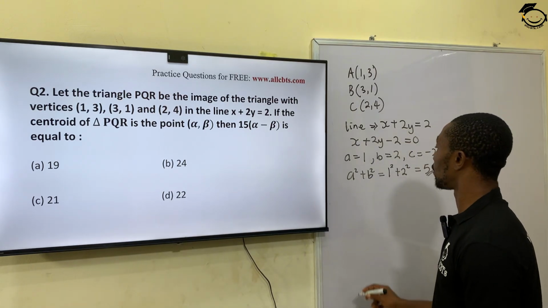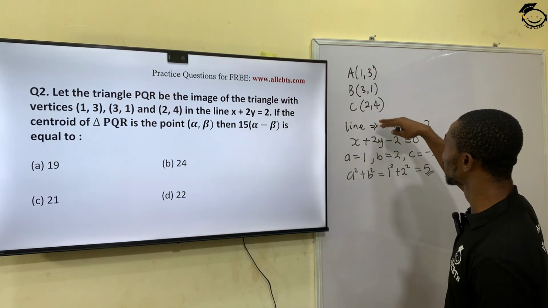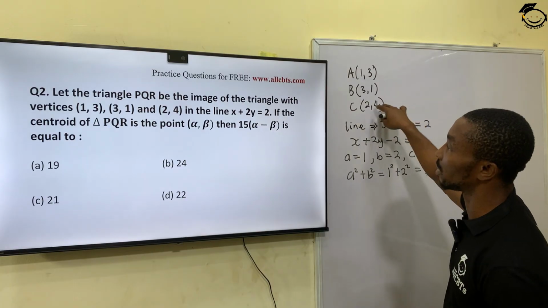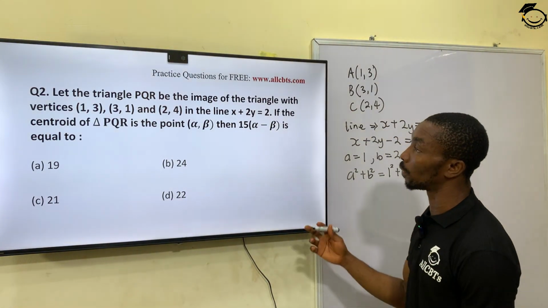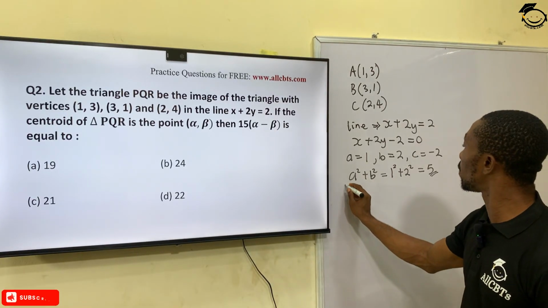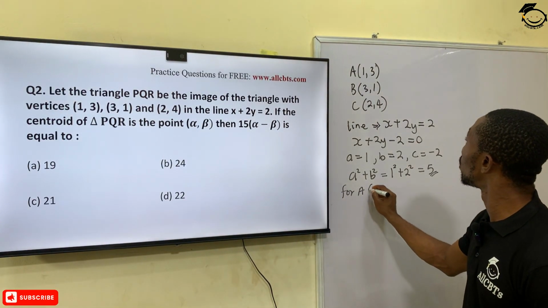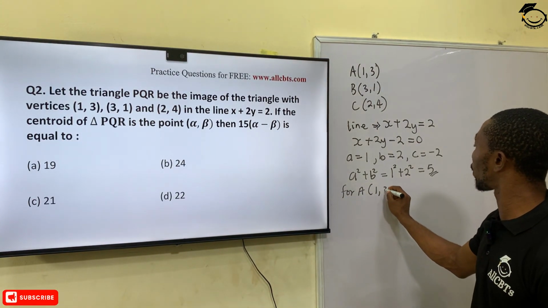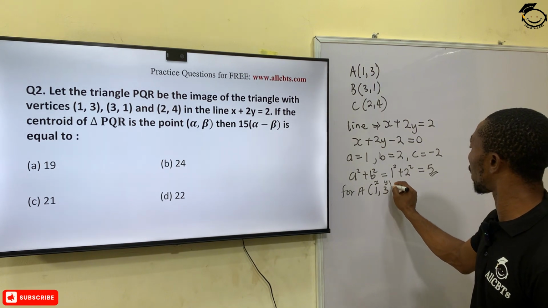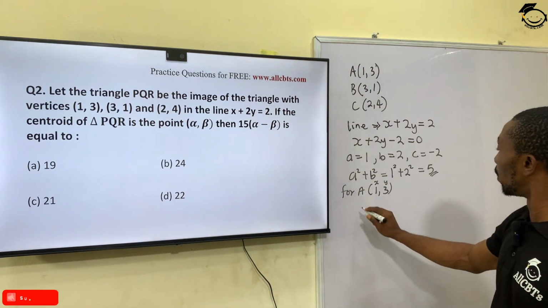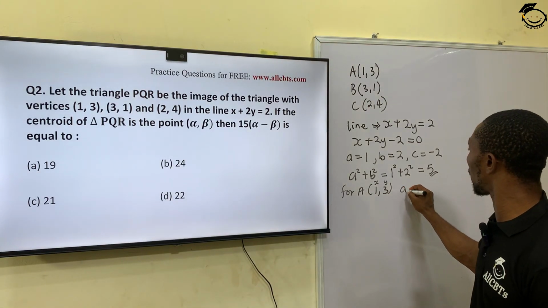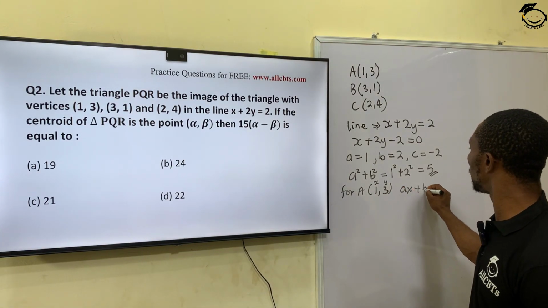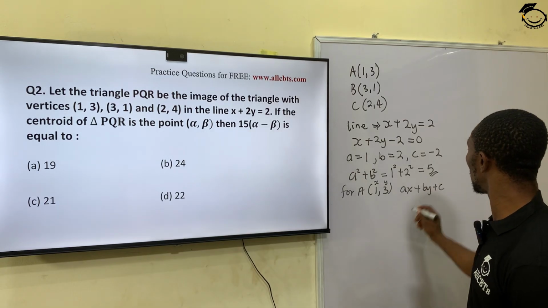Now we are going to solve for each of these vertices to find our points of reflection. So for A, which is coordinate 1, 3, this is our x, this is our y. We'll be solving with our expression ax plus by plus c.